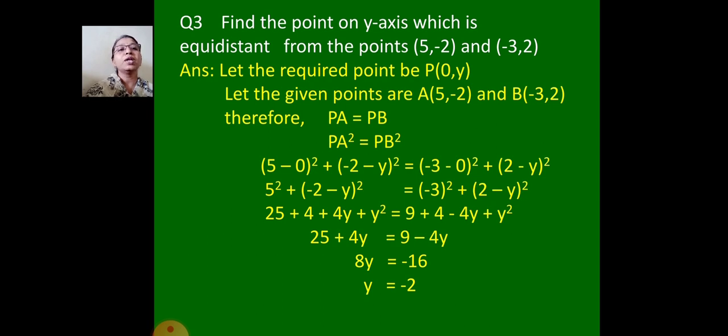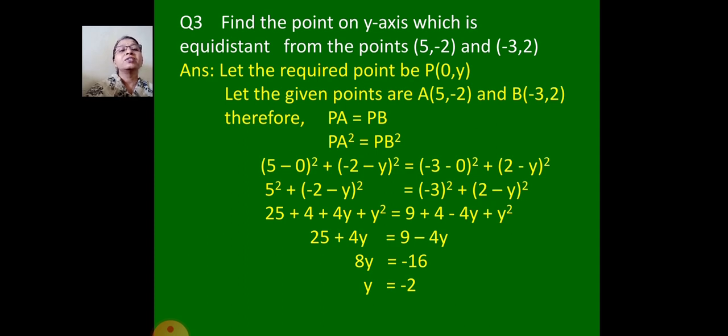Apply distance formula. So let the coordinates of P be x1, y1 and the coordinates of A say x2, y2. So accordingly you substitute. So you will get 5 minus 0 the whole square plus minus 2 minus y the whole square is equal to right hand side, minus 3 minus 0 the whole square plus 2 minus y the whole square, right?